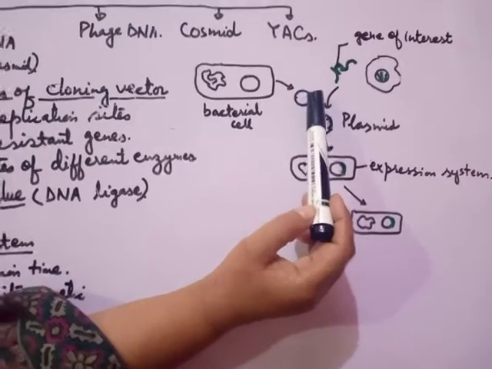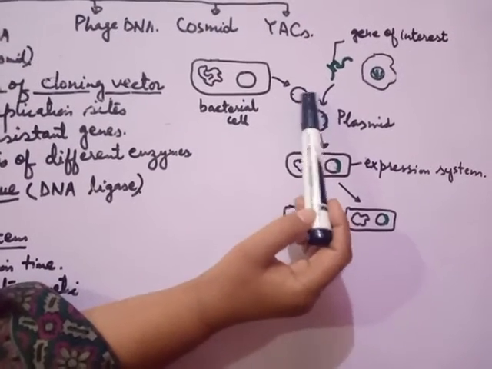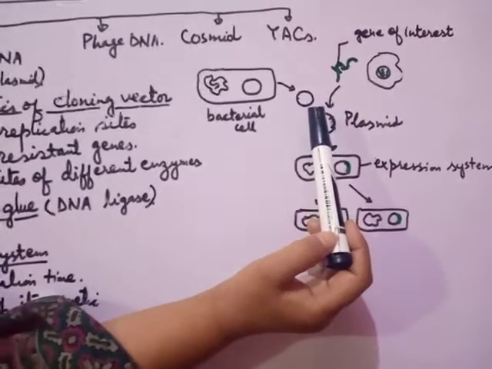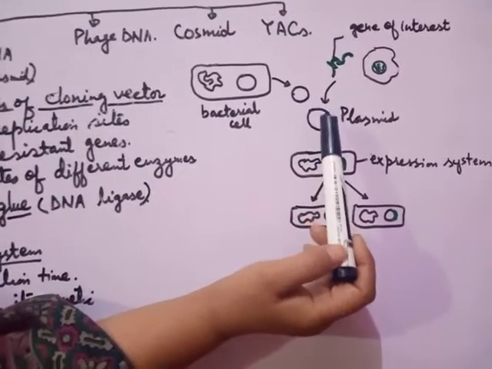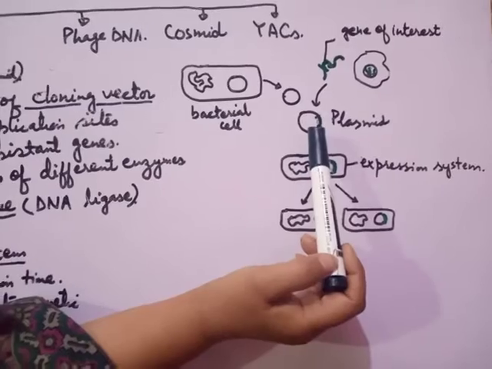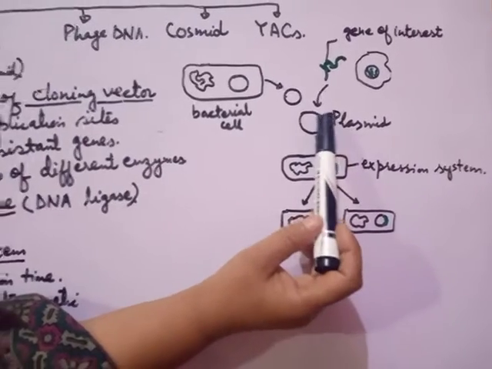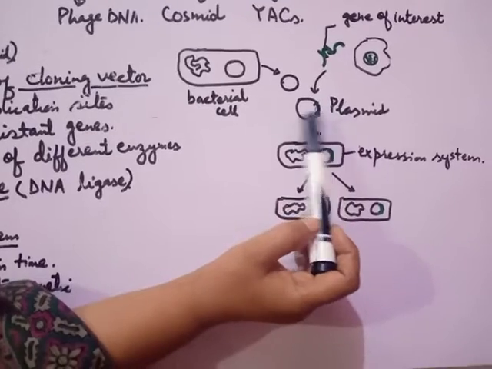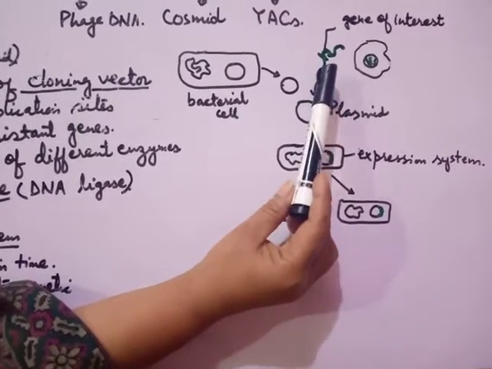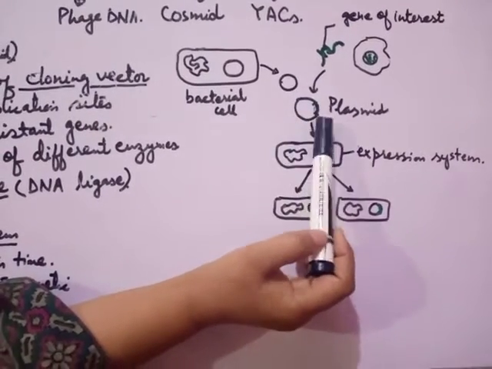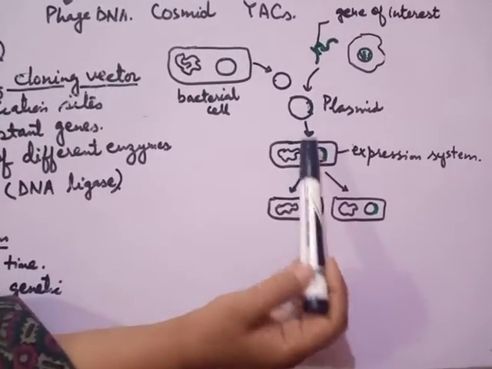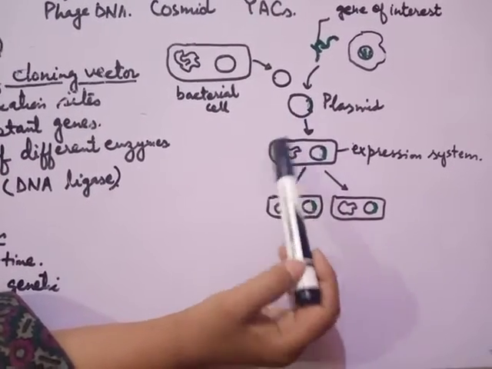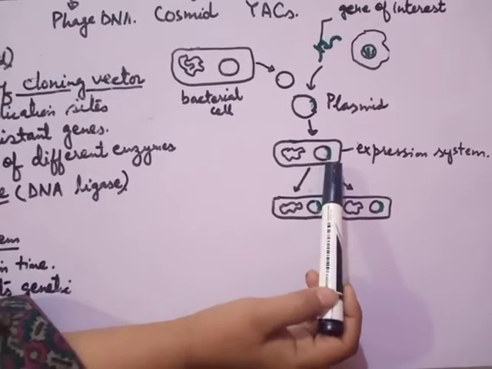We will use the same enzyme to cut open the plasmid, to make compatible sticky ends, and then with the help of molecular glue we can join both the gene of interest and the plasmid DNA molecule. Then we will introduce this recombinant DNA into the expression system, which is a bacterial cell.